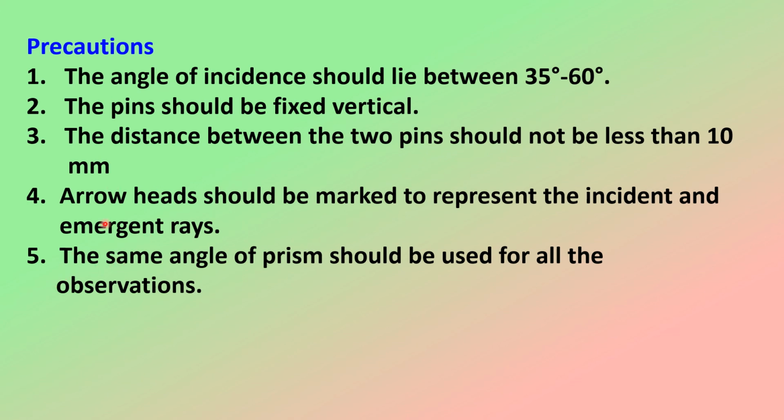Arrowheads should be marked to represent the incident and emergent rays, and the same angle of prism should be used for all the observations. This is all about the lab activity to find the refractive index of the given prism. Thank you.